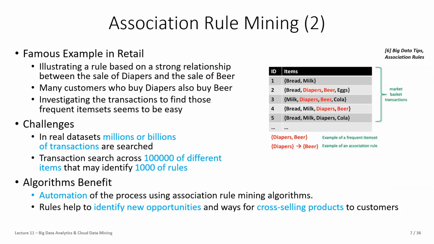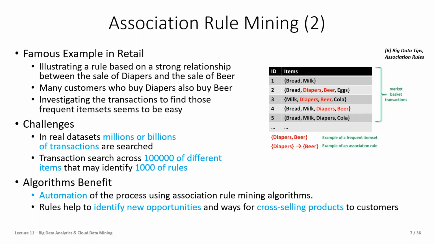This is one of the main examples used in almost every introductory course on association rule mining: the shopping basket with bread, milk, and butter, or cola, or eggs, or diapers. It illustrates a rule based on a strong relationship between the sale of diapers and the sale of beer, because several baskets show that when people buy diapers, they also buy beer.